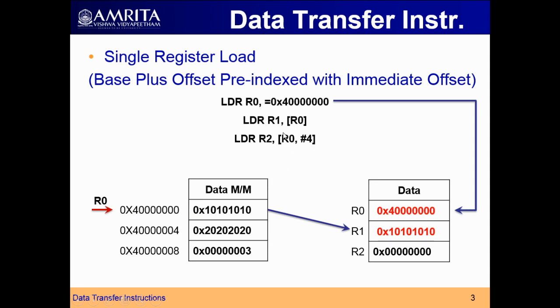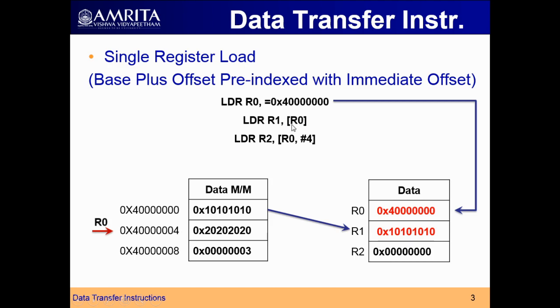To that base address, you are going to add an immediate data or an offset data, immediate offset known as 4. So in this case, what you are doing? You will be adding 4 to this base address. What is the base address? 4000. To that you are going to add 4. So what will happen? Your pointer will be incremented to 4004.